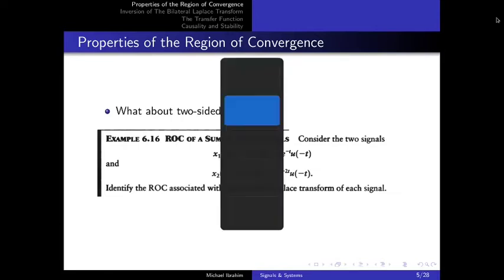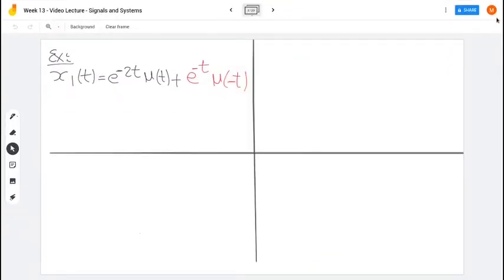So the first function we have is x1 of t, which is equal to e to the minus 2t u of t plus e to the minus t u of minus t. Here we have a term which is a right-sided signal plus another term which corresponds to a left-sided signal. And here we can use linearity. You can compute the Laplace transform of the first term and then add it to the Laplace transform of the second term.